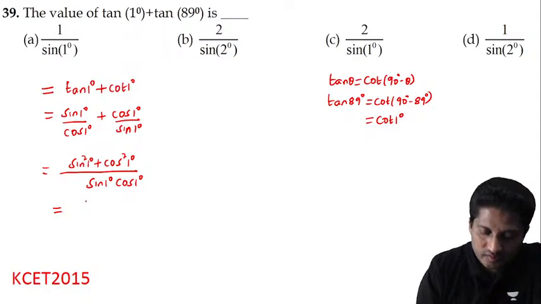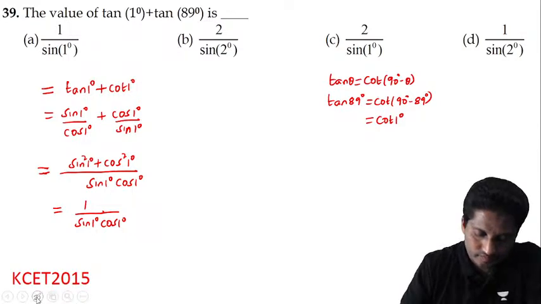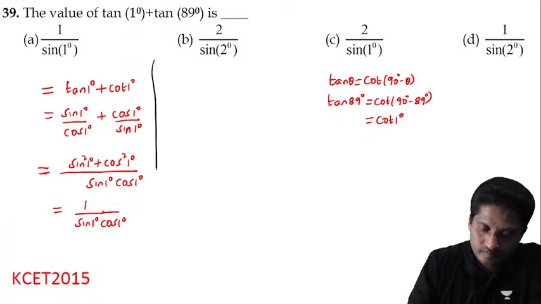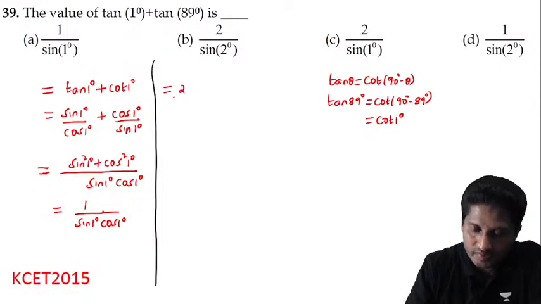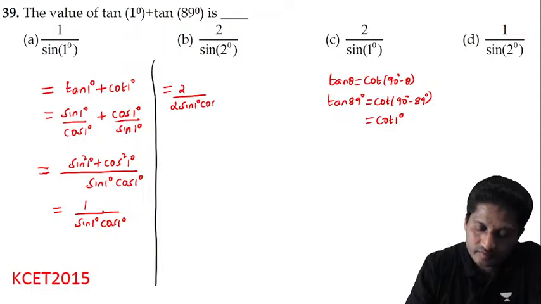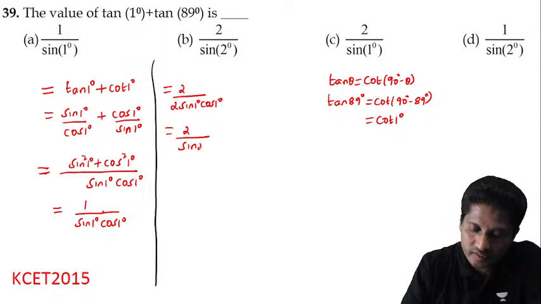So you get this as 1 divided by sin 1 into cos 1. There's no option like this. You're going to multiply and divide by 2. Okay, so this is 2 divided by 2 sin 1 into cos 1. 2 sin theta cos theta is sin 2 theta, that is sin 2 degree.